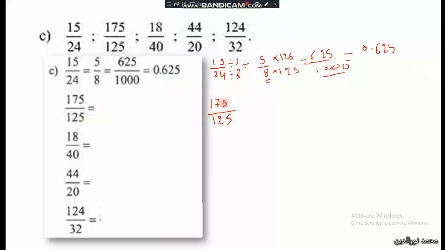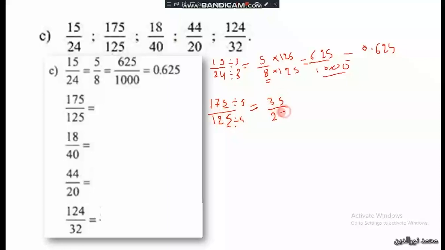We want to find a common divisor. Both of them end with 5, so both of them are divisible by 5. So here we have 175 divided by 5, 17 divided by 5 is 3, and 25 divided by 5 is 5.